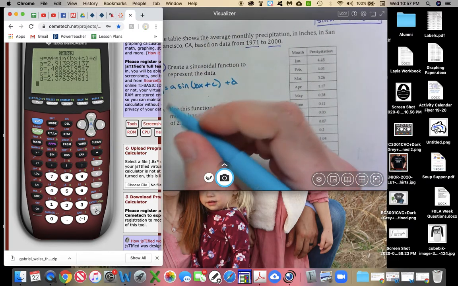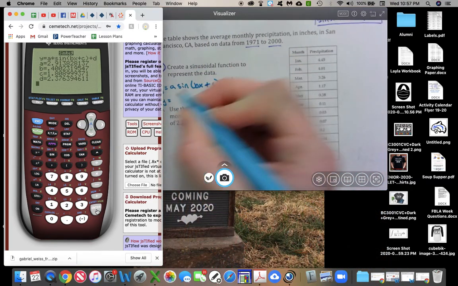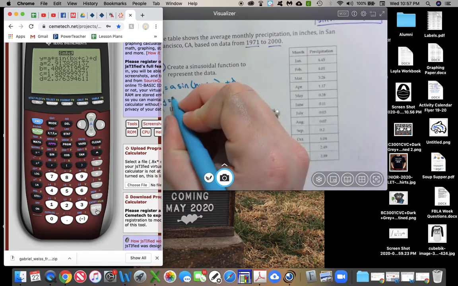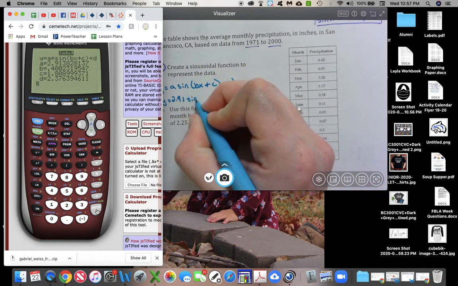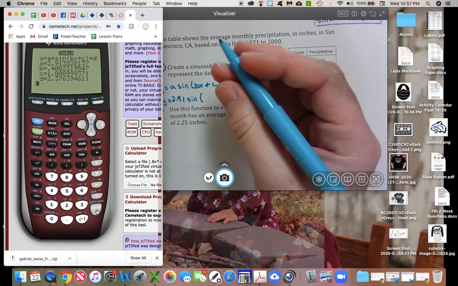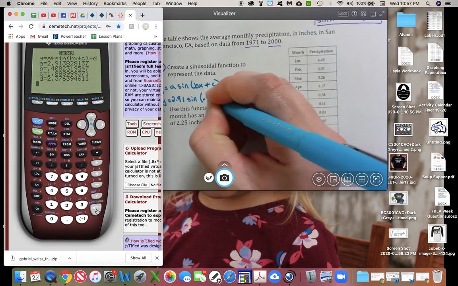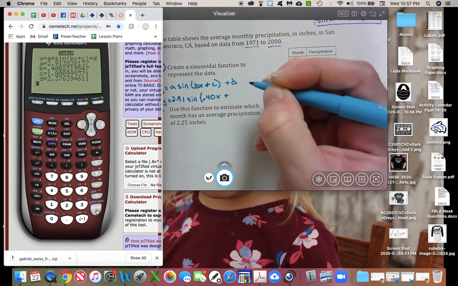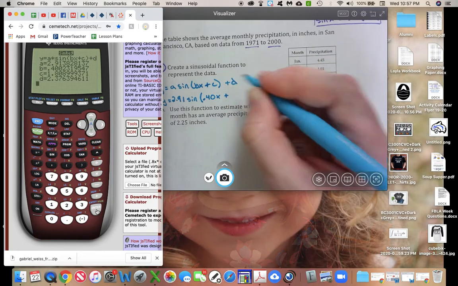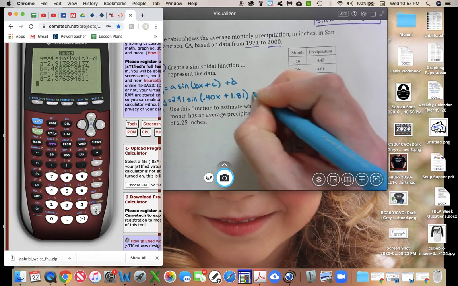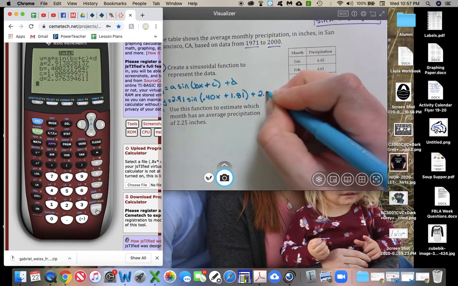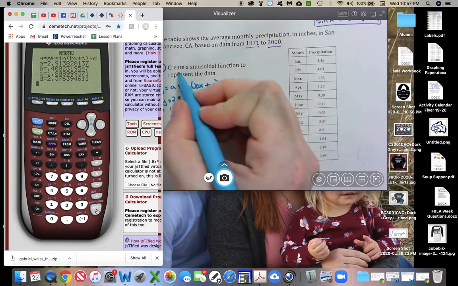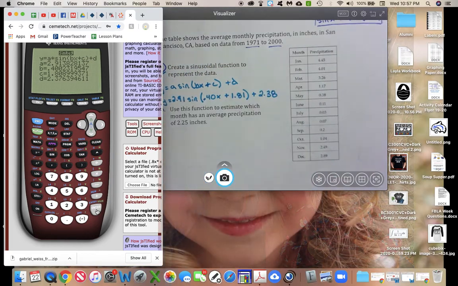So y equals, my a value is 2.91, let's say, sine of b is 0.40, x plus c, 1.81, and then plus d, which is 2.38. Okay, so this creates a sinusoidal function. That's my sinusoidal function.